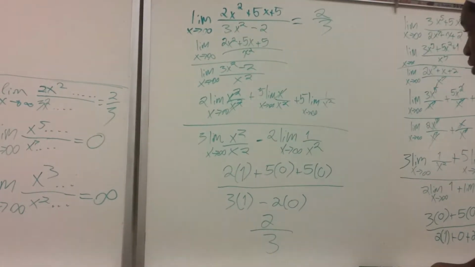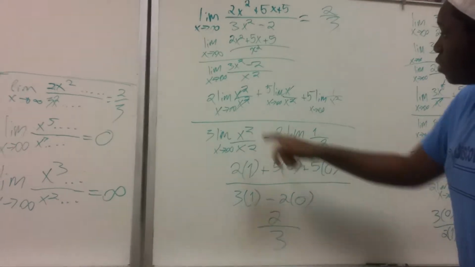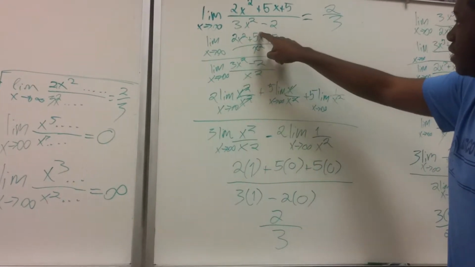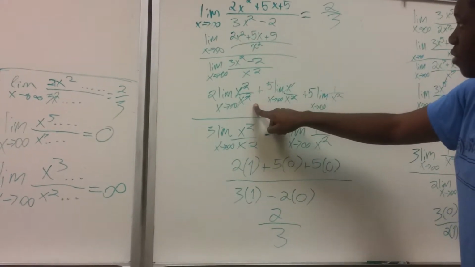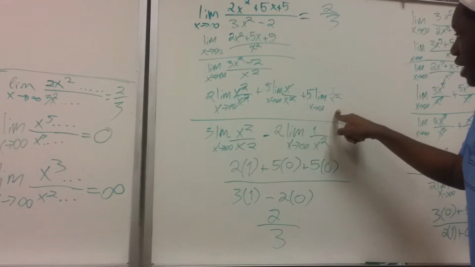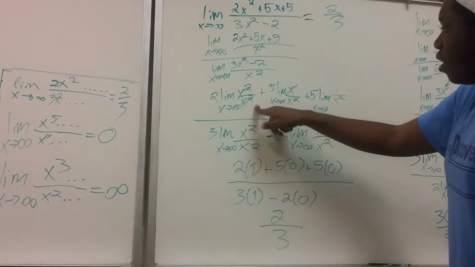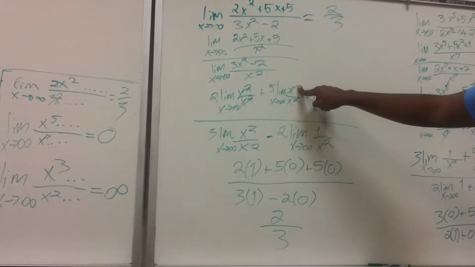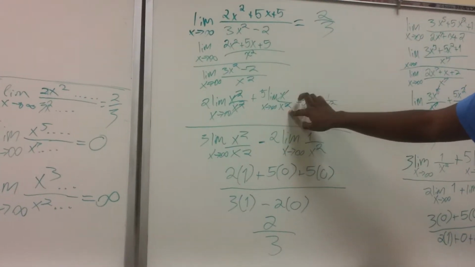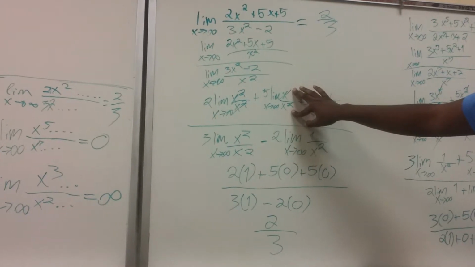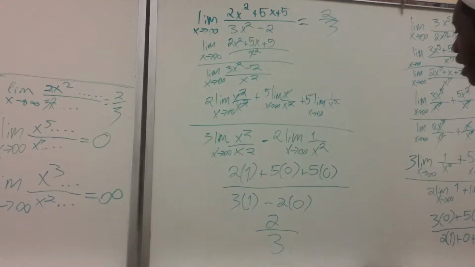The second thing you would do is put each individual number over x squared so that you get them all apart. Once you do this, the ones where the denominator is still higher than the numerator will then equal 0.